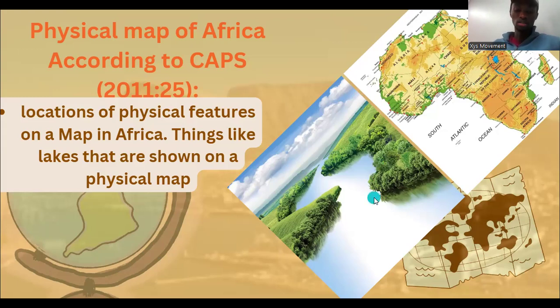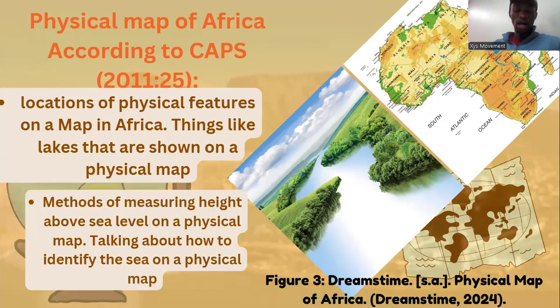And right here, you can see how a river looks. Another subtopic we will look at is methods of measuring height above sea level on a physical map, and how to identify the sea on a physical map. As you know, when you are looking at other features on a map, there are maps that show the names of the seas that are in the oceans.